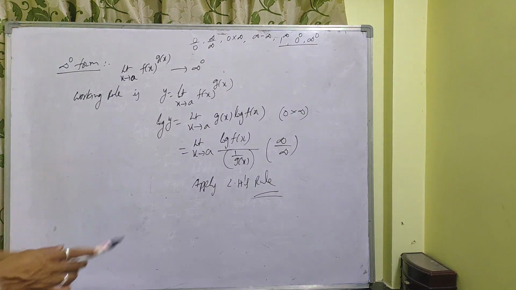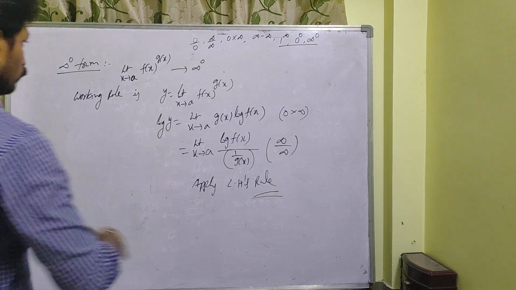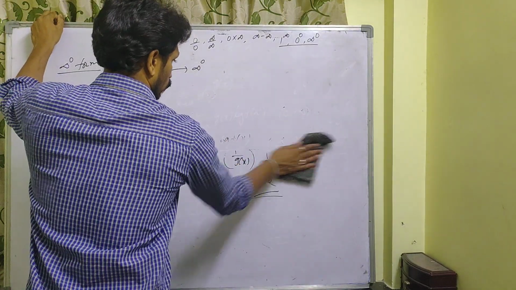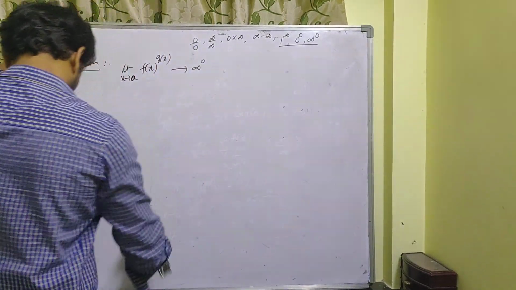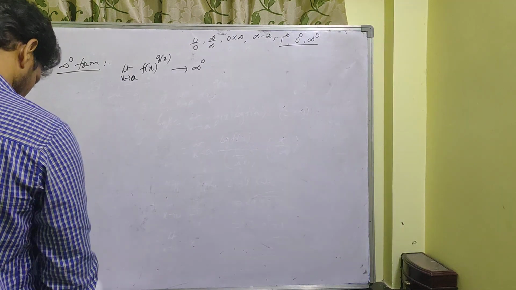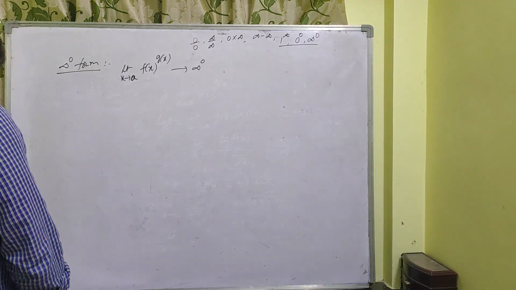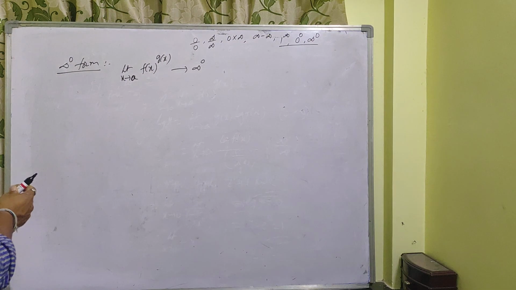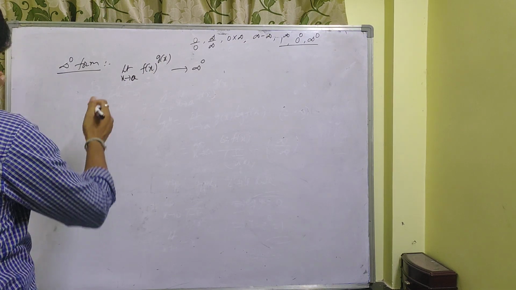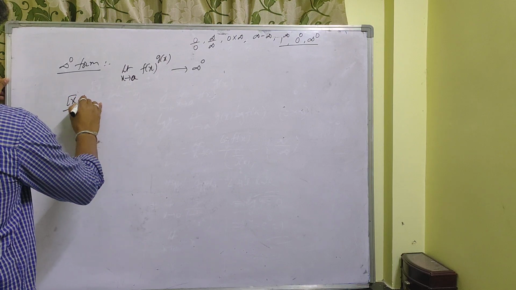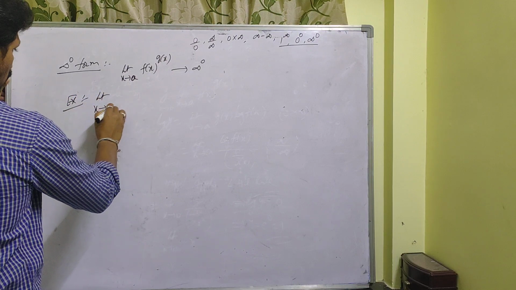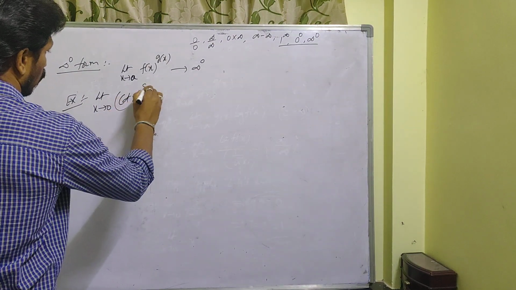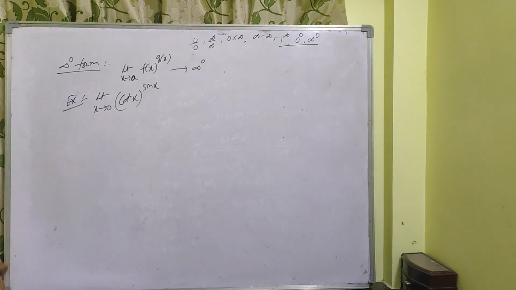Okay. Based on this one, take one example. Example: limit x tends to 0, cot x power sin x.